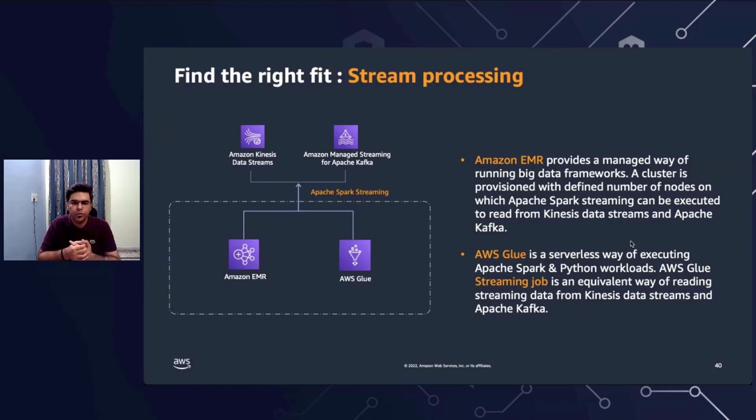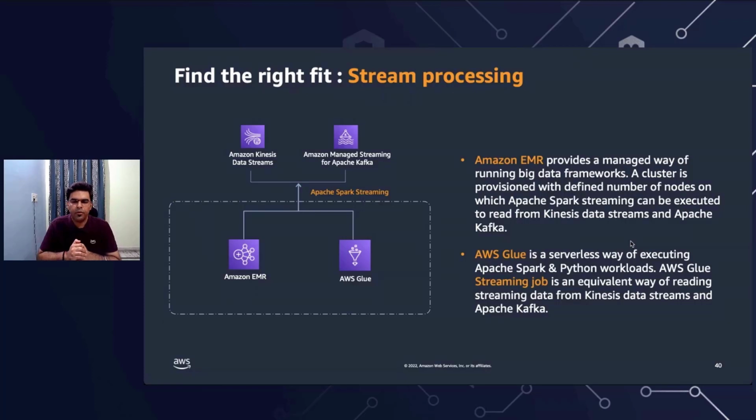You will define the number of nodes for your master, core, and task nodes, and then you will run a Spark application with Spark Streaming binaries, which will be reading from a stream, and then each batch is created into a data frame of choice, using which you can then do some downstream aggregations and then dump to a destination of choice.